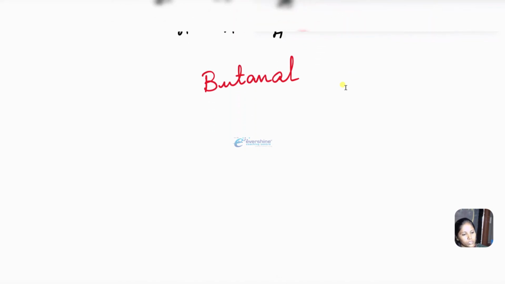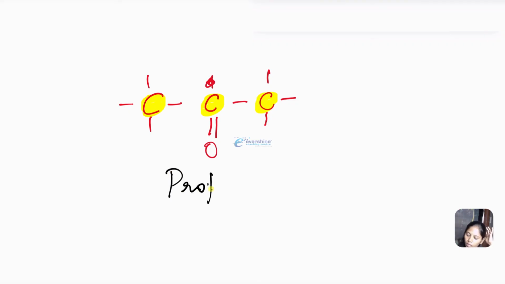Now I'll give you one more structure. You name it. C double bond O and C. Count the carbon: one, two, three carbon. Three carbon means what is the name? Propane. When you have C double bond O, what should you name it? ONE.